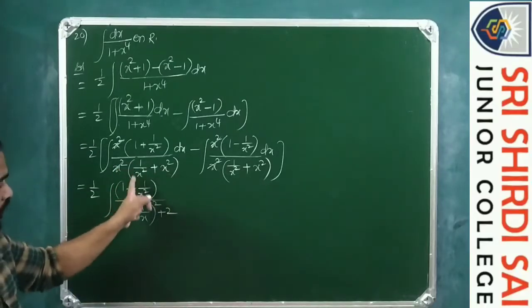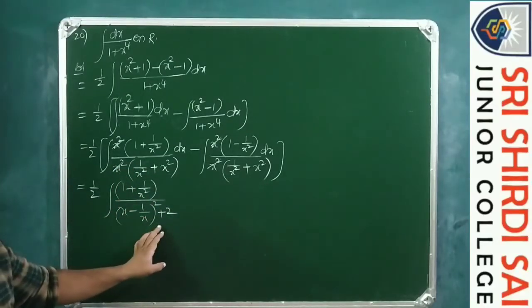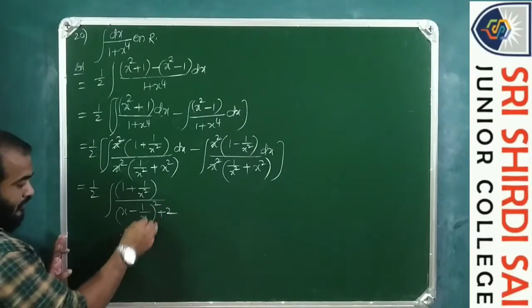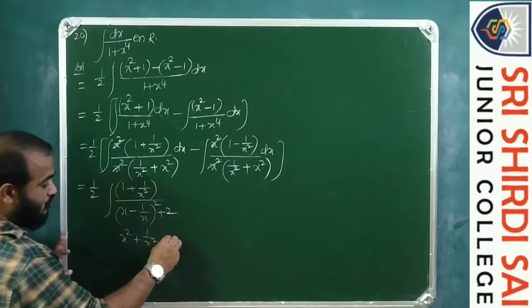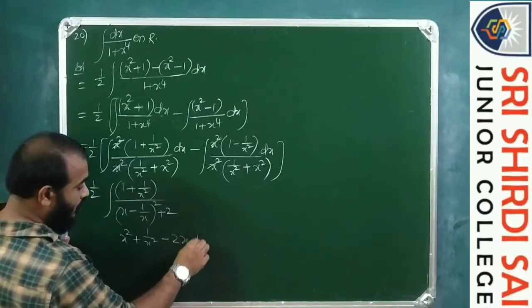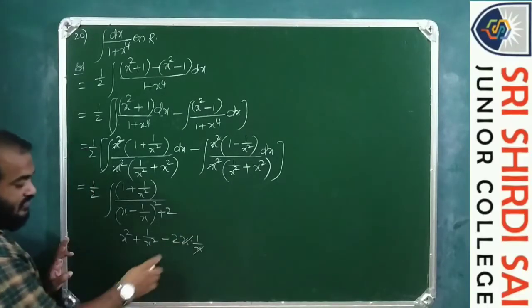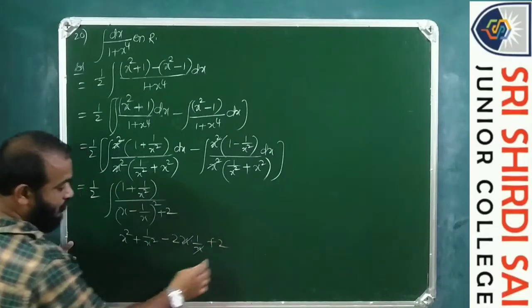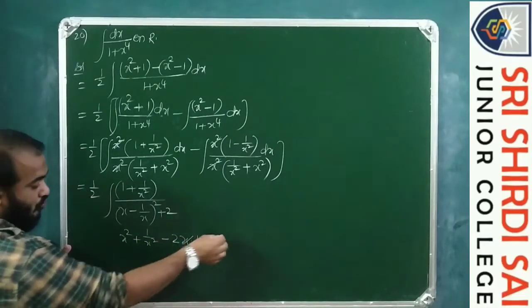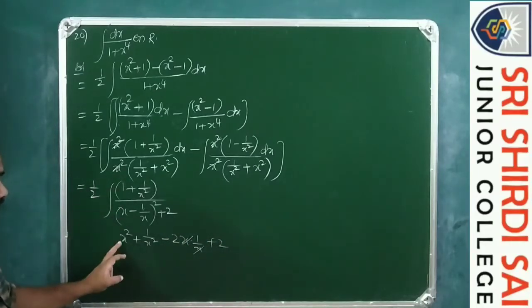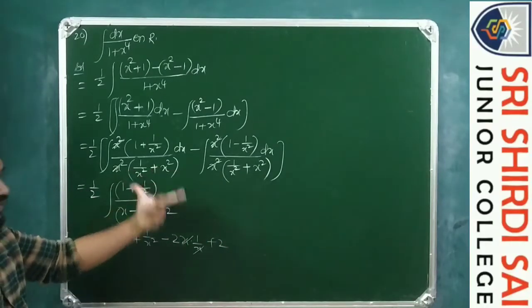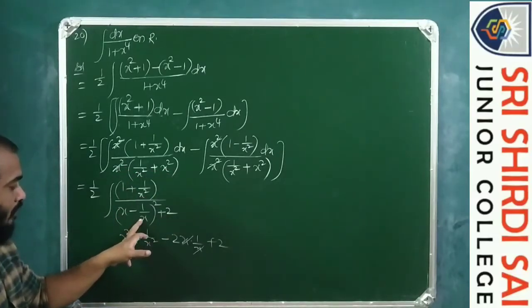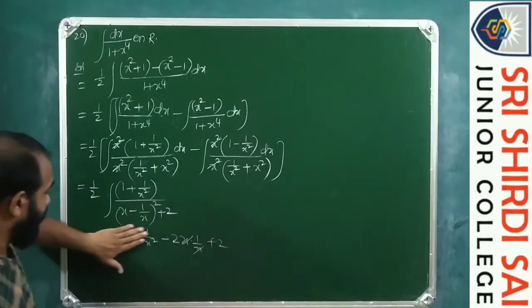X square plus 1 by x square, I have written it to be this because a minus b whole square is a square plus b square minus 2ab, 2 into x into 1 by x gets cancelled. So x square plus 1 by x square minus 2 plus 2. So the minus 2 plus 2 gets cancelled. We are left with x square plus 1 by x square. So x square plus 1 by x square, I have written it to be x minus 1 by x whole square plus 2.